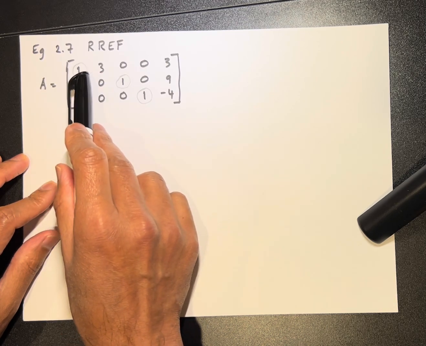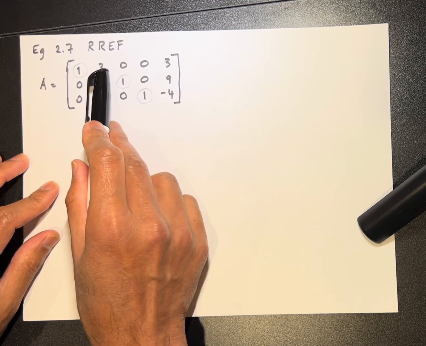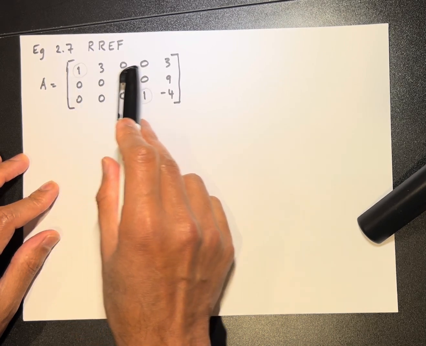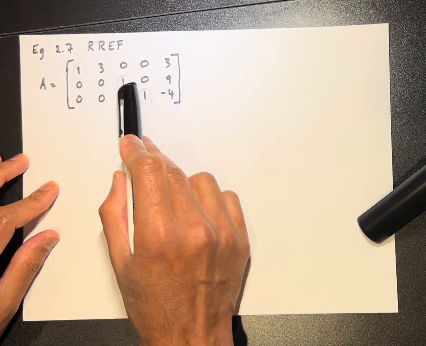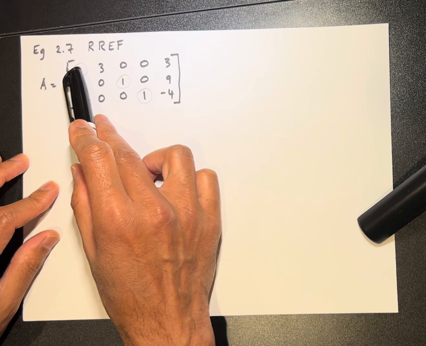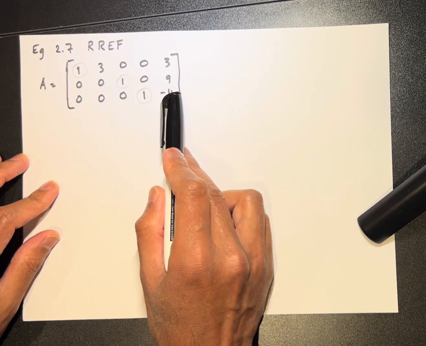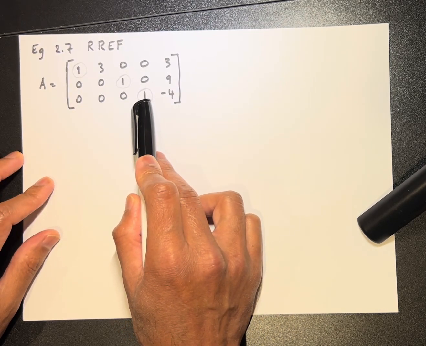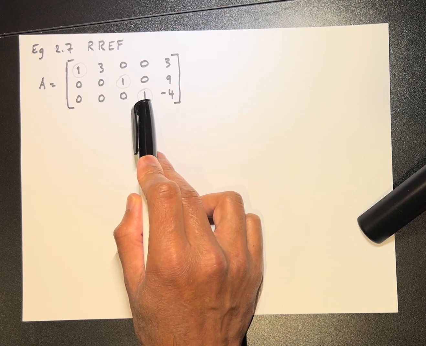So in this case, C2 is 3 times C1. These two are pivots, so no problem. This last column is 3 times C1 plus 9 times C3 minus 4 times C4. So to obtain a 0, all we need to do is just this.